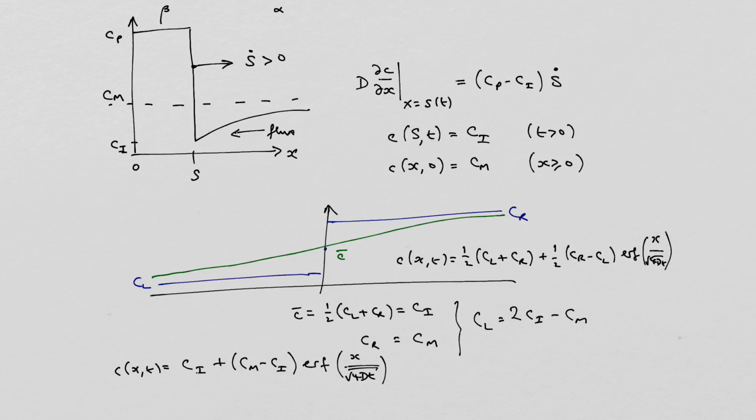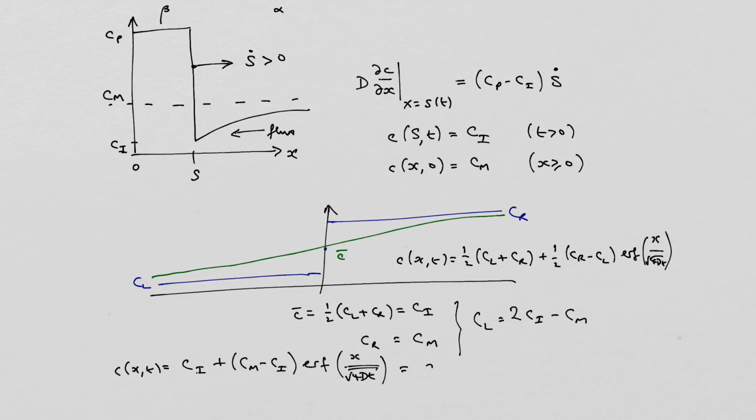There are lots of different ways of writing this. It's more convenient because CI is only the concentration at the interface, whereas CM is the concentration in the limit as x goes to infinity, and is close to the concentration nearly everywhere apart from the interface. You can flip this around.